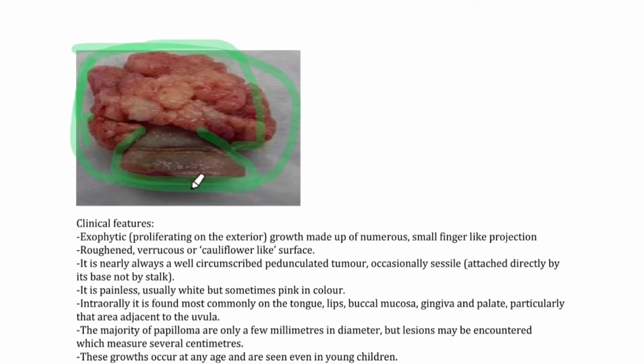Intraorally, it is found most commonly on the tongue, lips, buccal mucosa, gingiva, and palate. Where is it seen? On the tongue, on the lips, buccal mucosa. The part inside the cheek is called the buccal mucosa. Gingiva, that is on the gums, and on the palate. The majority of papillomas are only a few millimeters in diameter, but lesions may be encountered which measure several centimeters.